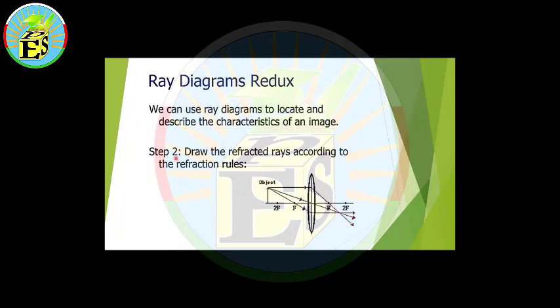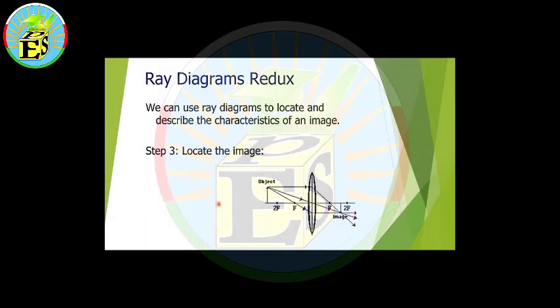Step 2, draw the refracted rays according to the refraction rules. Third, locate the image. All the rays will focus at this point. So this is the image of the object.